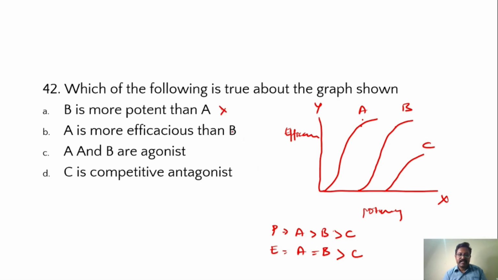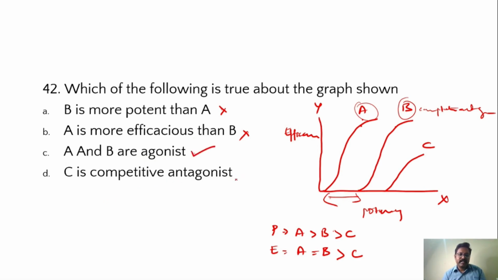They are equally efficacious. A and B are agonist. Yes, A and B are agonist. So B can be a competitive antagonist. By increasing the concentration of the agonist, you will get the same efficacy similar to that of the drug A, but the potency has changed. So A and B are agonist.